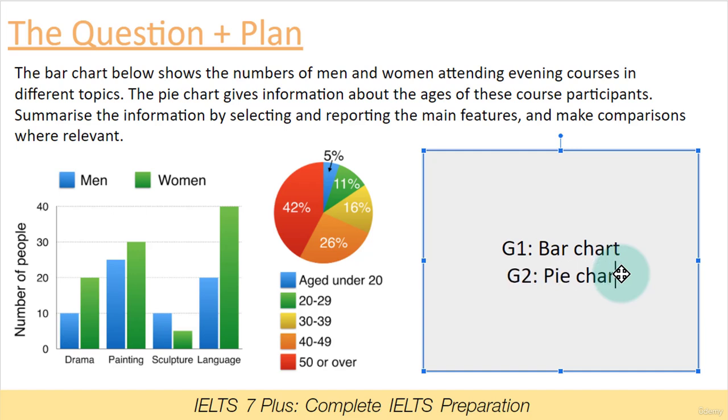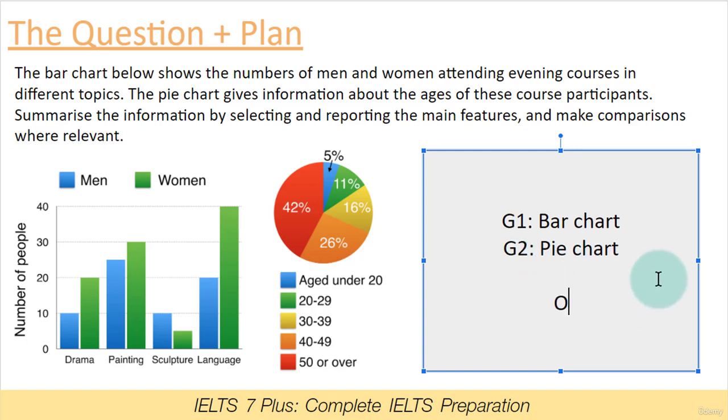The semicolons aren't that important. I just like including them. So we have here our bar chart, which I will describe in detail in paragraph 1. And I'll describe the pie chart in detail in paragraph 2. There's still a lot of information that I can compare and describe between them. So I think having them separate doesn't matter too much. And I think it's going to be easier for the examiner to understand and read.